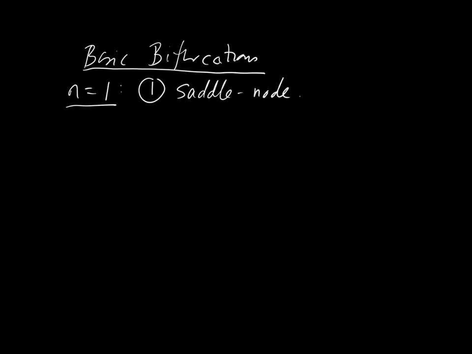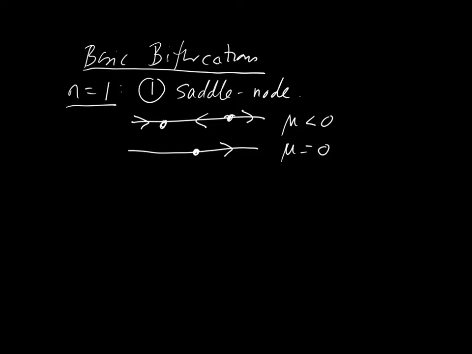Let's take 0 to be the place where it changes. If mu is less than 0, you have two fixed points like this. One of them is unstable and the other is stable, or in fact attracting. And at mu equals 0, these two come together like this.